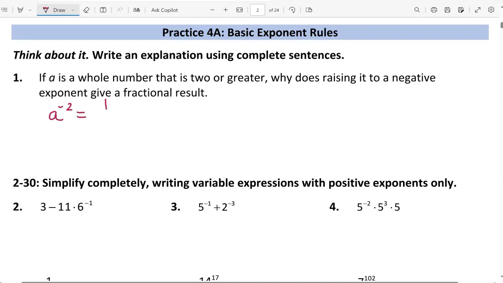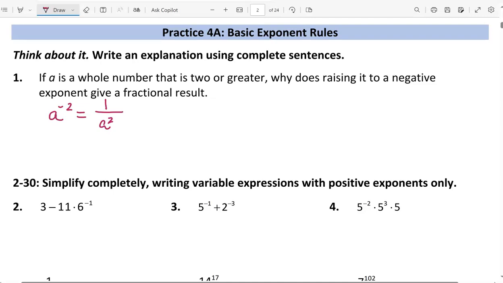That re-expresses it as 1 divided by a to the second power. What's going to happen is we're going to divide 1 by a number that is greater than 1, and so that result is going to be a fractional result.